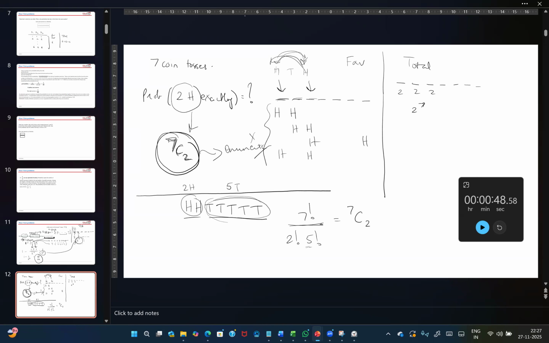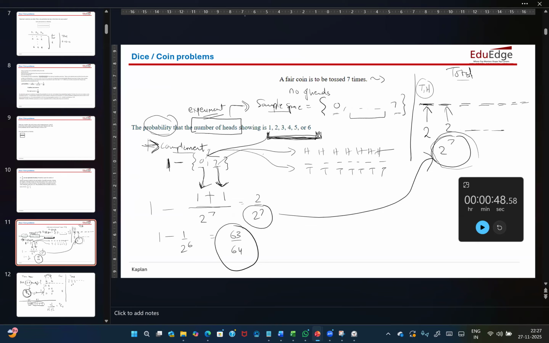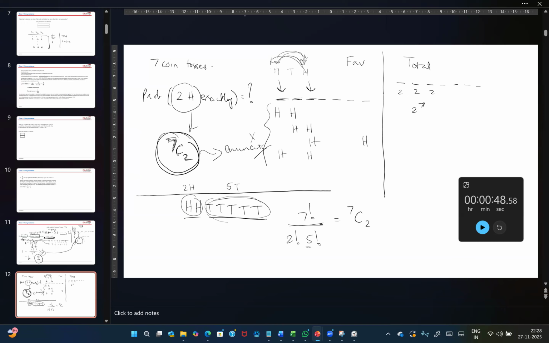Right now, as we stand here, you know that we need favorable outcomes and we need total. In coin tosses, there is a way in which we can enumerate, but enumeration becomes difficult when there are two or three. So it's best to follow this method, in which we enumerate by combinations or even by permutations.